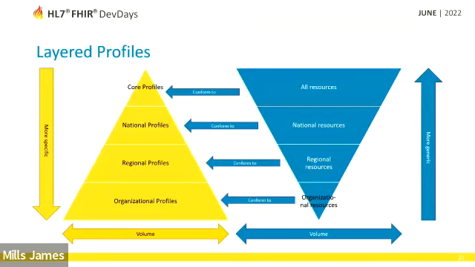And then maybe at a regional level, you can build specific profiles for that region based on the national profiles. And at the end, we have very specific profiles at the organization level or even project or use case specific level. And you can see that the more specific it gets, the more the number of profiles is growing.